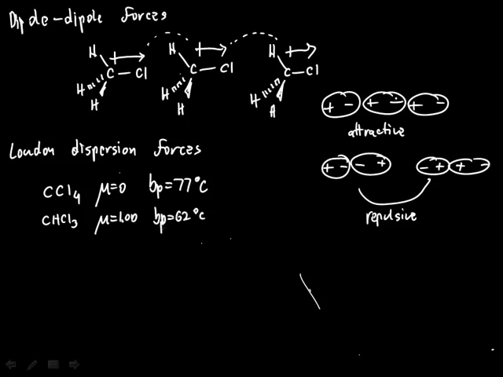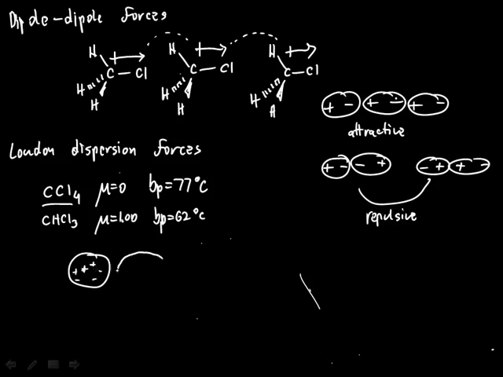So why is this? Well, it turns out that even though tetrachloromethane has no permanent dipole moment, the electronic charge in that molecule is never really constant. It always fluctuates a little bit. And so there is such a thing as an induced dipole, with tiny positive and negative charges distributed along this molecule.